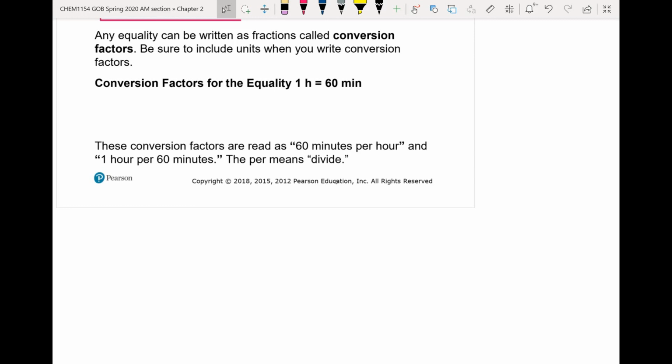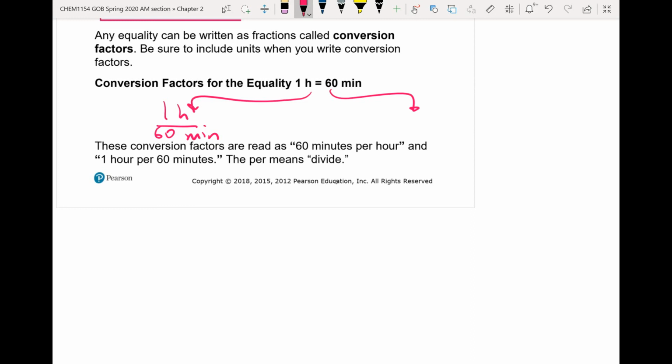The conversion factors that we get from every single equality are simply taking one thing from the equality and putting it over the other thing. So we have 1 hour over 60 minutes. That's one conversion factor.